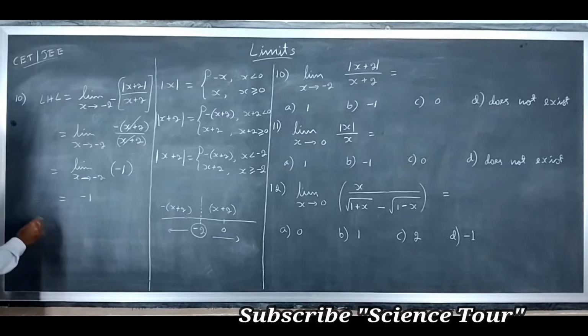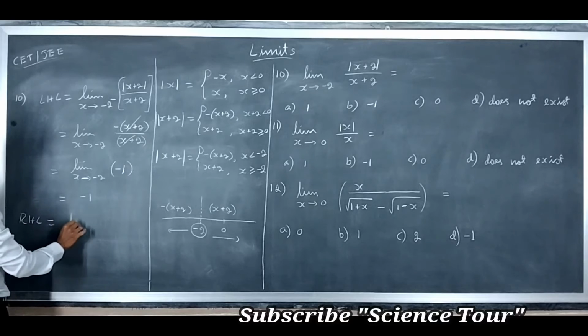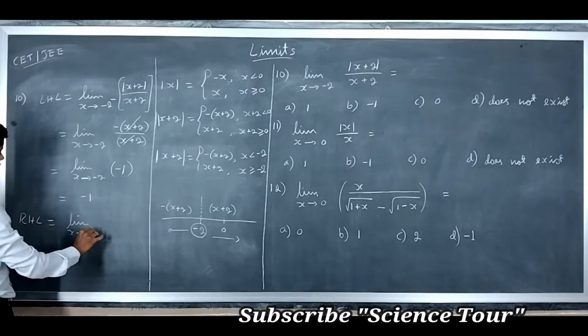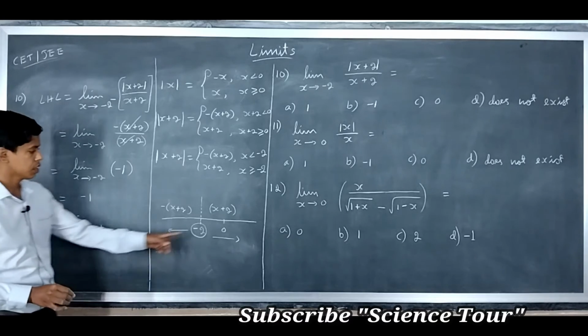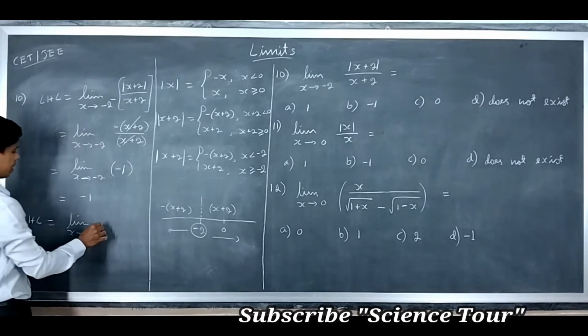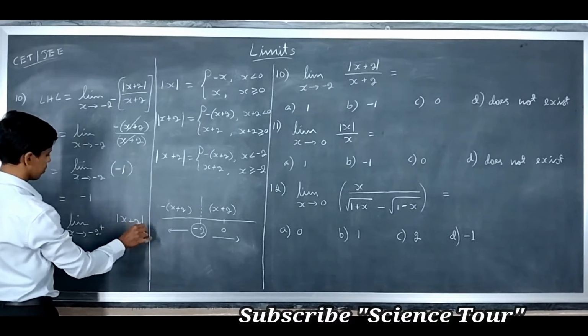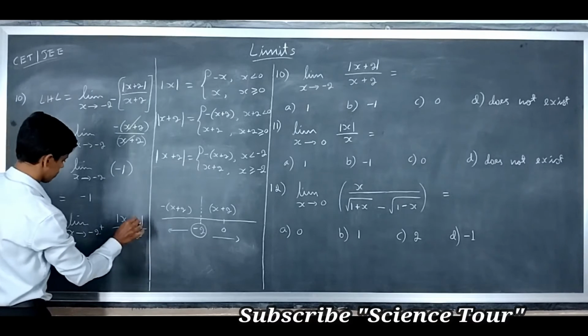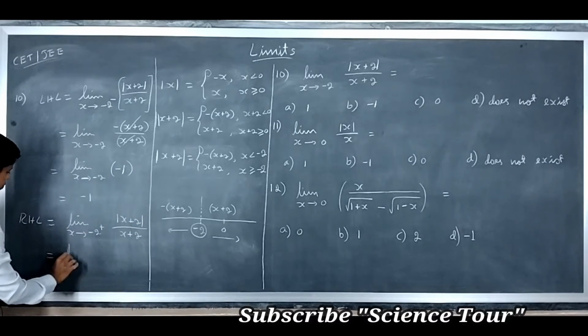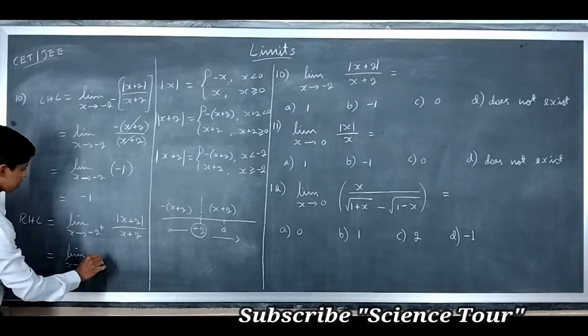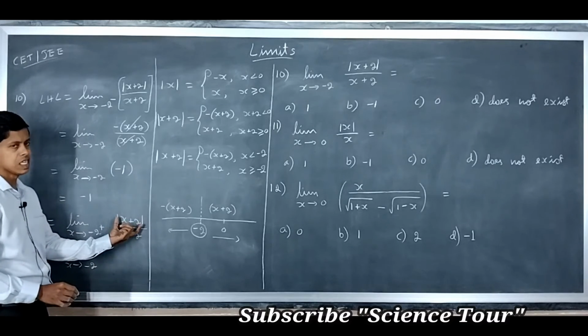Next, for the right hand limit, you got limit x tends to minus 2 plus, greater than minus 2, of |x + 2| divided by x + 2. Now what do you replace here?